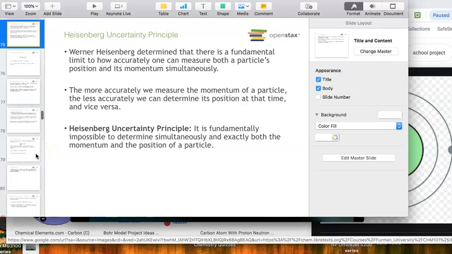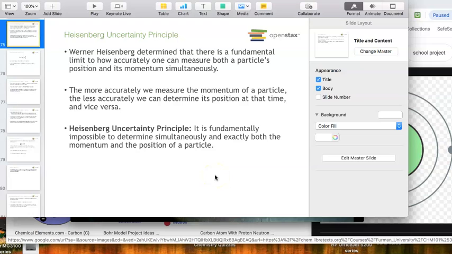So this brings us to the Heisenberg uncertainty principle. Werner Heisenberg determined that there is a fundamental limit to how accurately one can measure both a particle's position and its momentum simultaneously. The more accurately we measure the momentum of a particle, the less accurately we can determine its position at that time, and vice versa. This is referred to as the Heisenberg uncertainty principle.